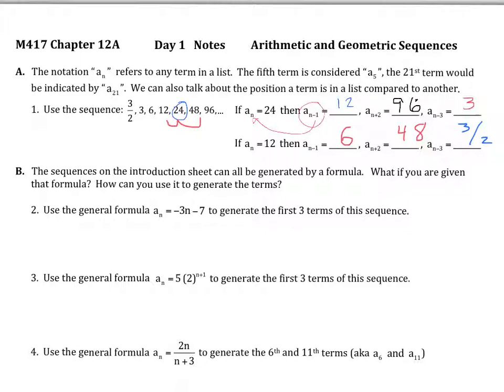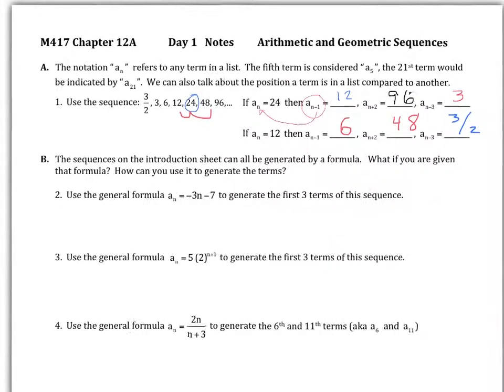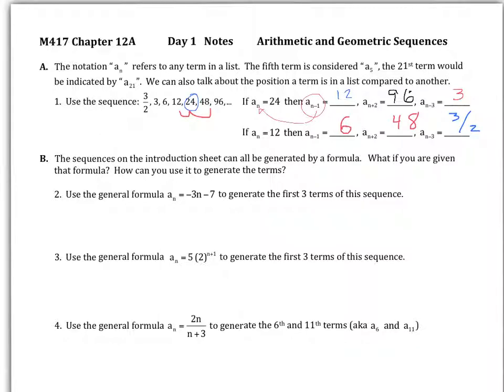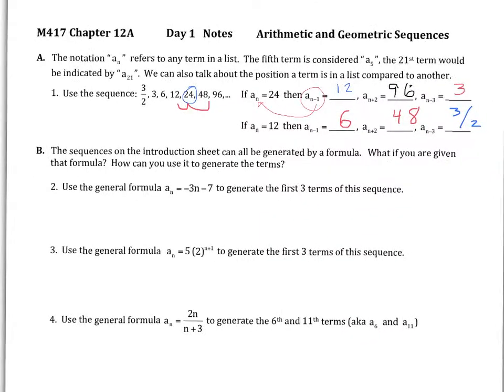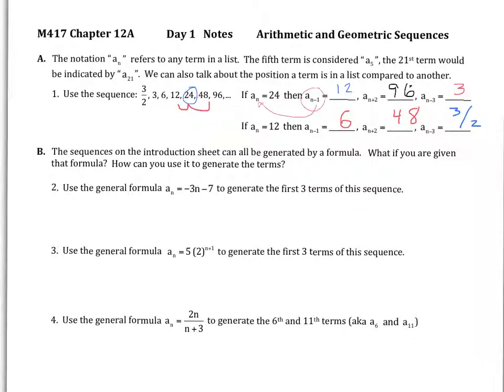Okay. The sequences on the introduction sheet that we did yesterday can all be generated by a formula, which we did for most of them. So whatever formula you are given, how can you use it to generate the terms?